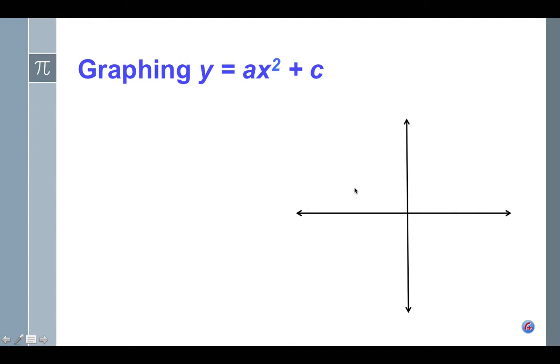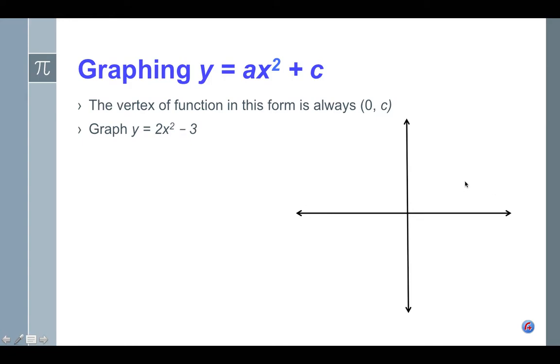And it has an axis of symmetry on the y-axis, which means it's going to be a parabola of some sort where the vertex is on the y-axis. And what this ends up being is the vertex is the same thing as the y-intercept on this graph. And the vertex of this form is (0, c).